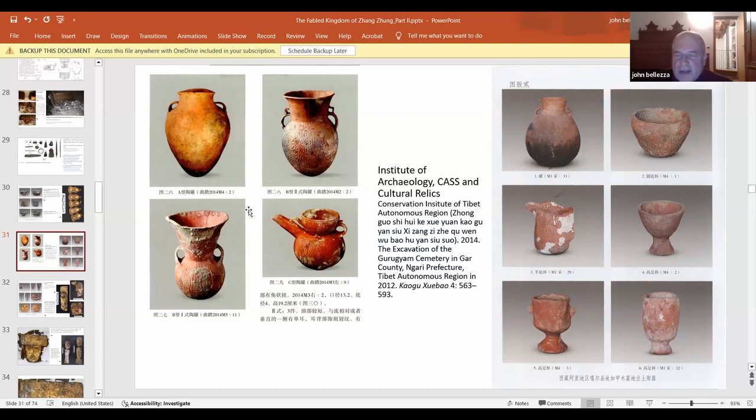The ceramics of Central Tibet are quite different. It's only when you get to around Lhasa in the western part of Central Tibet that we start seeing amphorae similar to those found in far western Tibet. So keep this in mind. Again, diversity, richness, complexity of the material remains found in the tombs in western Tibet.